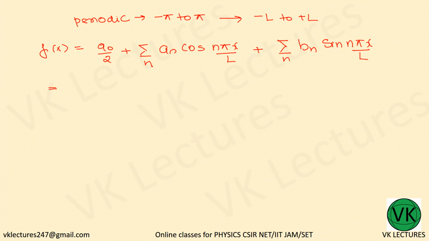Now a naught is equal to 1 by L integral from minus L to plus L f of x dx.